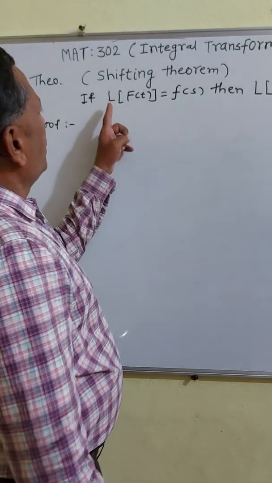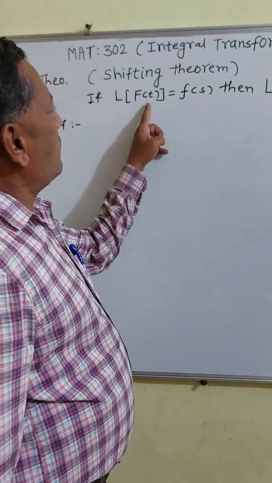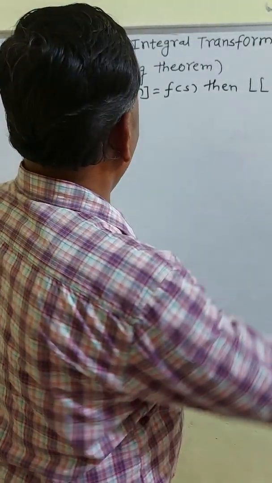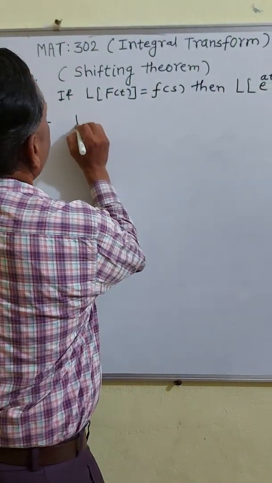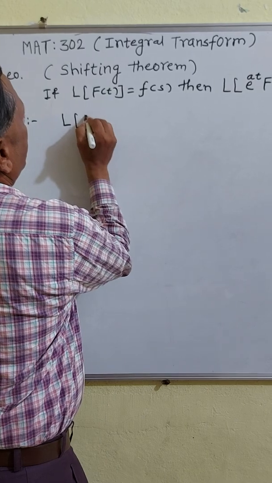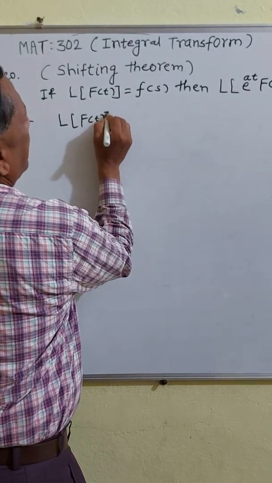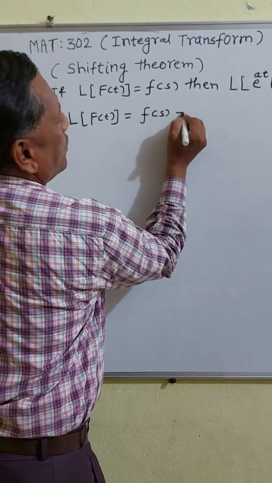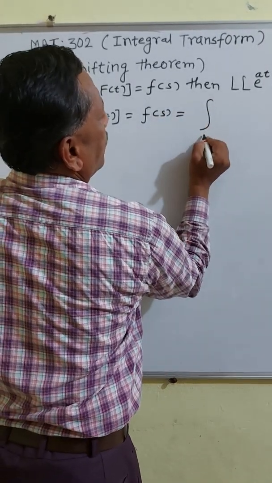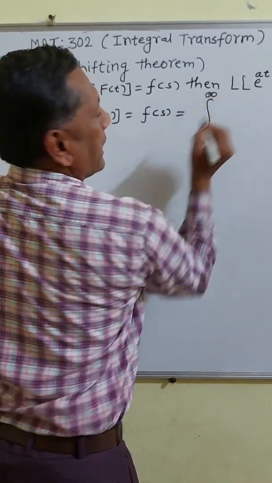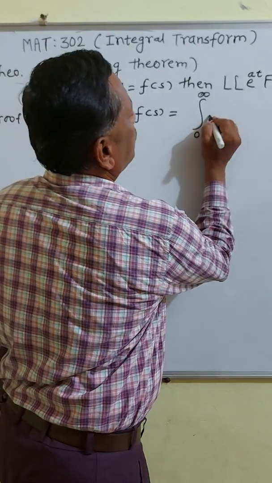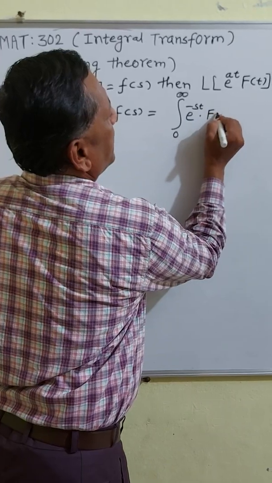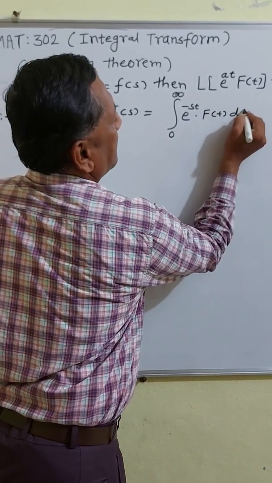What is given? You have given Laplace transform of f of t is equal to F of s. Then by definition of Laplace transform, we have Laplace transform of f of t is equal to F of s and is equal to integration going from 0 to infinity e raised to minus st into f of t dt.